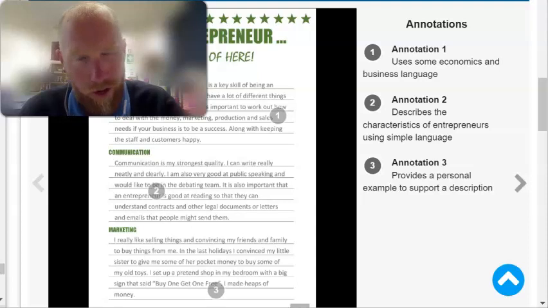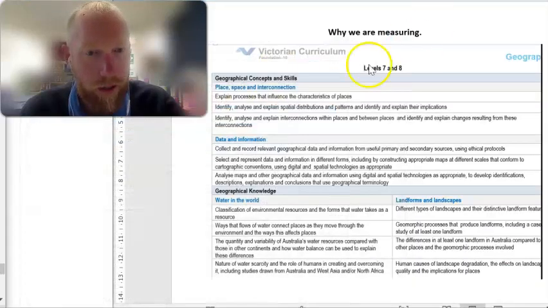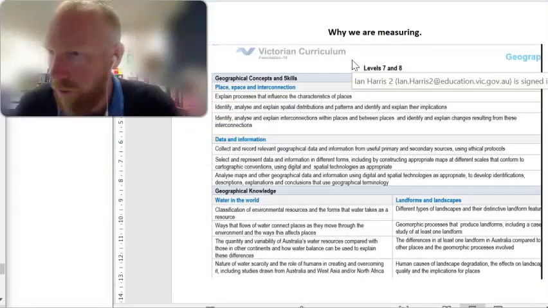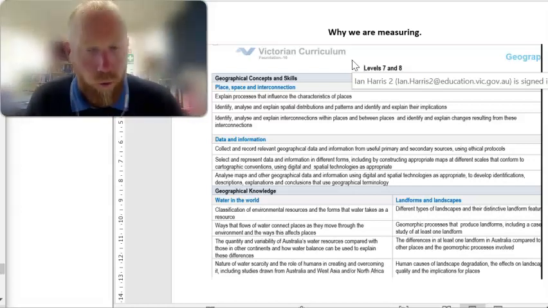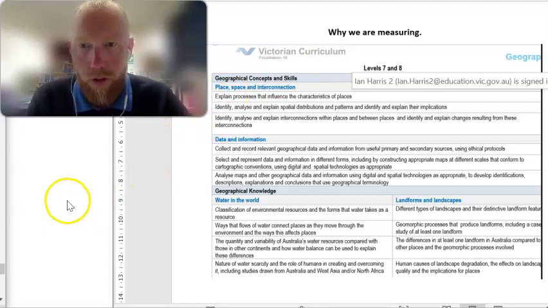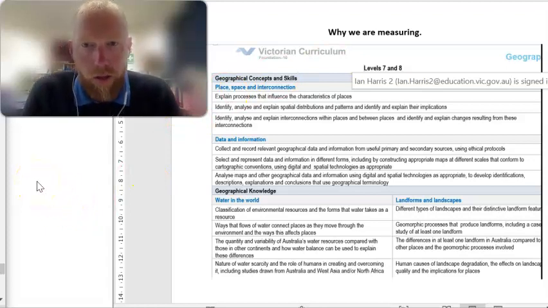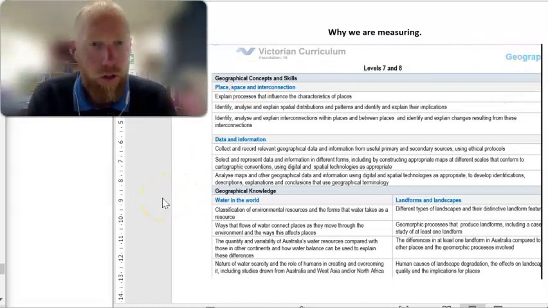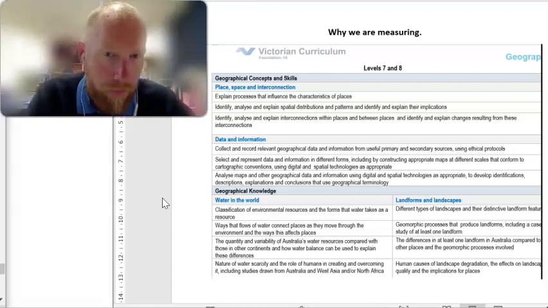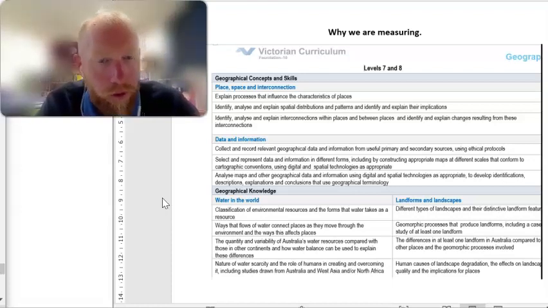But before I do that, I think it's best if we go back. So if we're talking about students' work, evidence of it, and feedback, I think it's got to kick it off with the Vic curriculum for me, and it's got to be explicit.